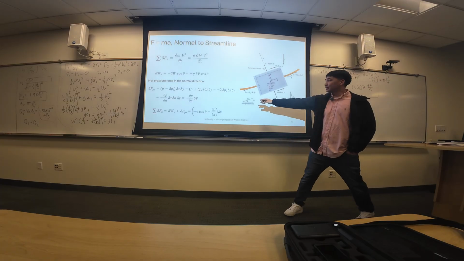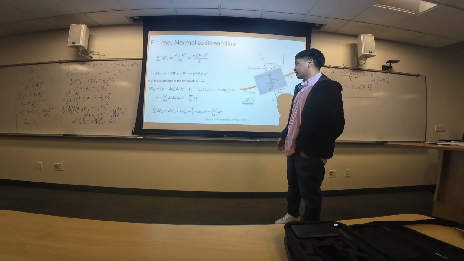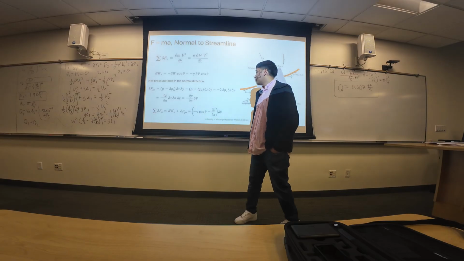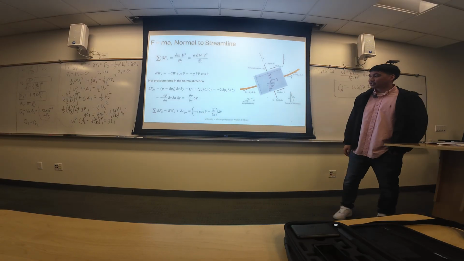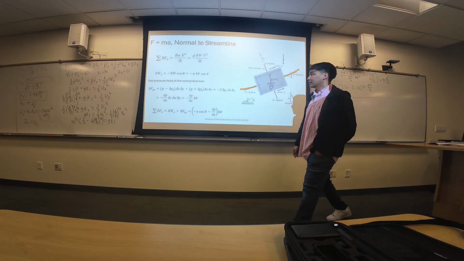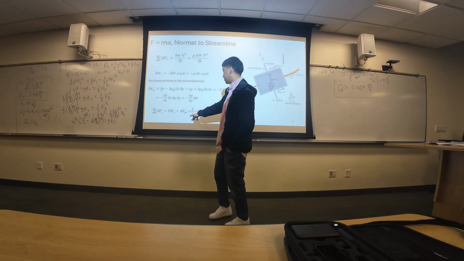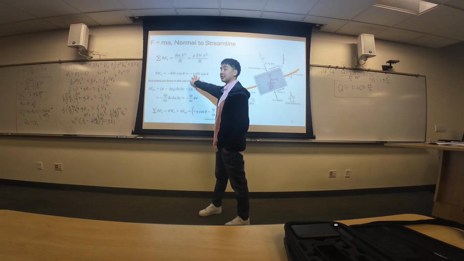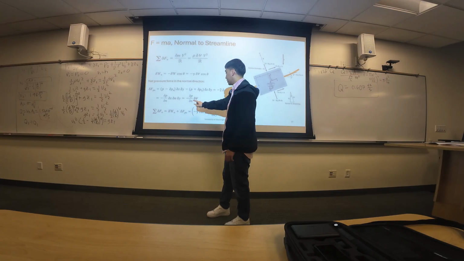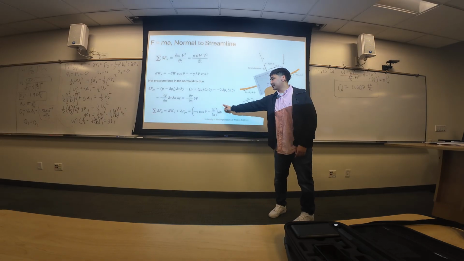You simplify to this, more simplifications, and then you get to this, which is the partial derivative of pressure with respect to the n direction, times your change of volume. Now you add your weight force, which we got, and your net pressure force, which we just did here, and sub them into here, and it simplifies to this.